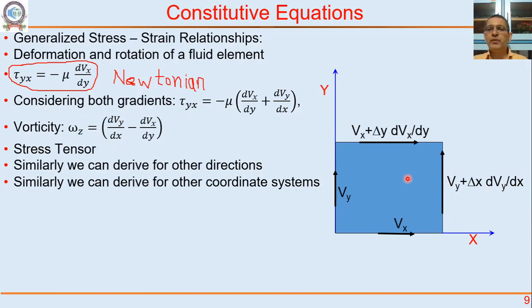Now this is going to do two things. Suppose this is the center of the fluid element. The force here is going to cause a net torque in this direction.